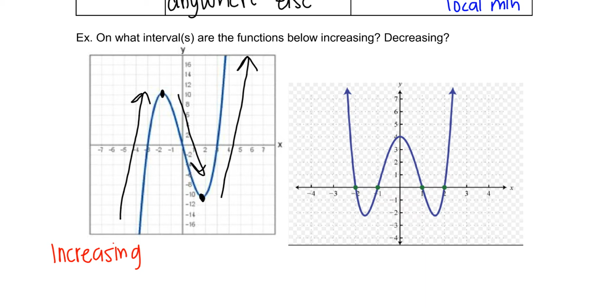So I'm increasing up until -2. So that would be from -infinity to -2. I'm also increasing from this point down here all the way back up again there. So that one looks to be like the low point starts at 2 and then continues for infinity. So I have a second interval, so we use union, 2 to infinity.